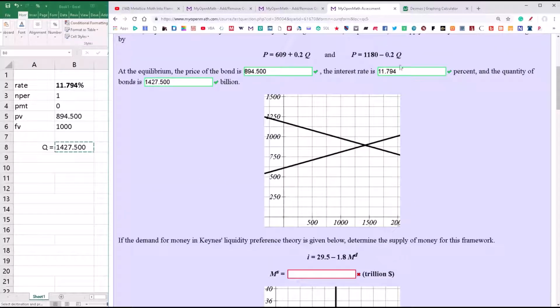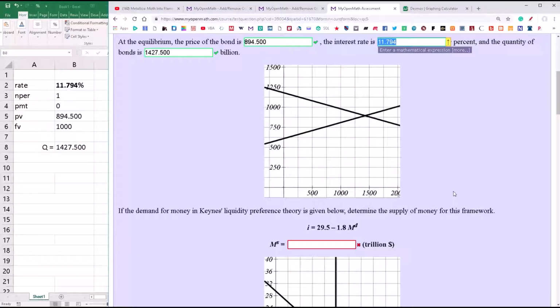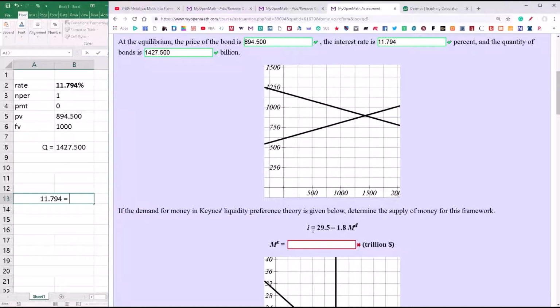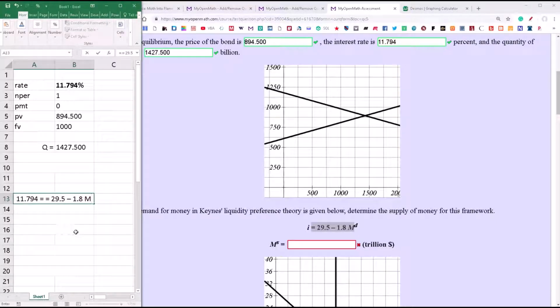So the interest rate in the bond market is that. In Keynes' liquidity preference theory, we're going to replace the i with that interest rate, 11.794, and then simply solve for money. So I'm going to paste the interest rate from the bond market there, and then copy in the right-hand side of Keynes' demand for money.